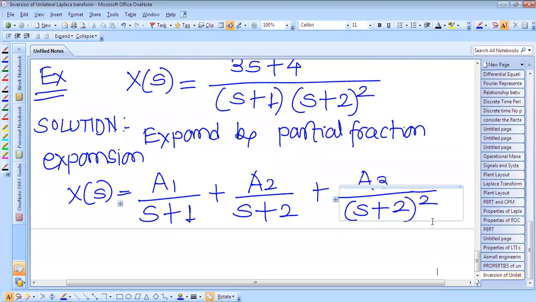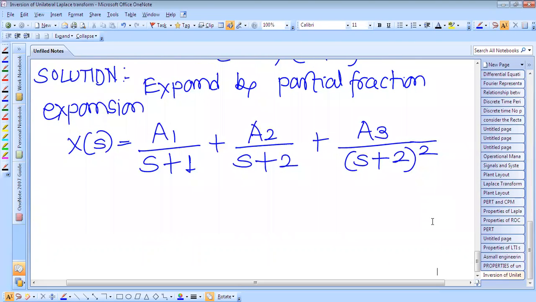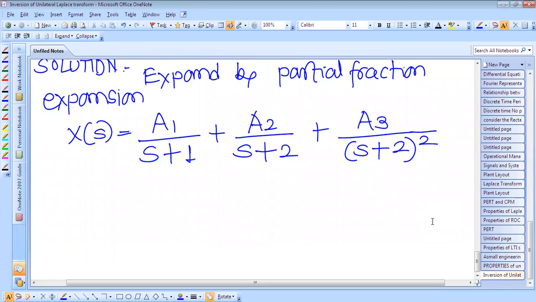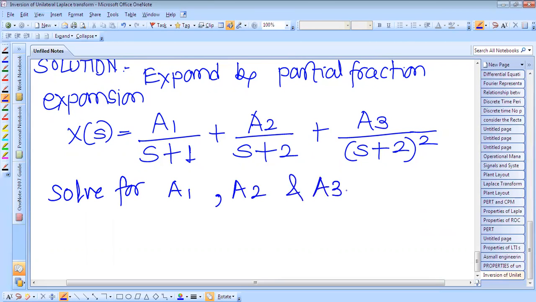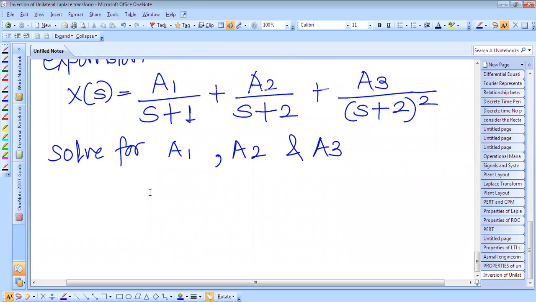Okay, we can expand the given function like this. Now we have to solve for a1, a2 and a3. I will directly write the values of a1, a2 and a3 because we have already solved such type of coefficients. So here a1 is 1, a2 is minus 1, and a3 is 2.